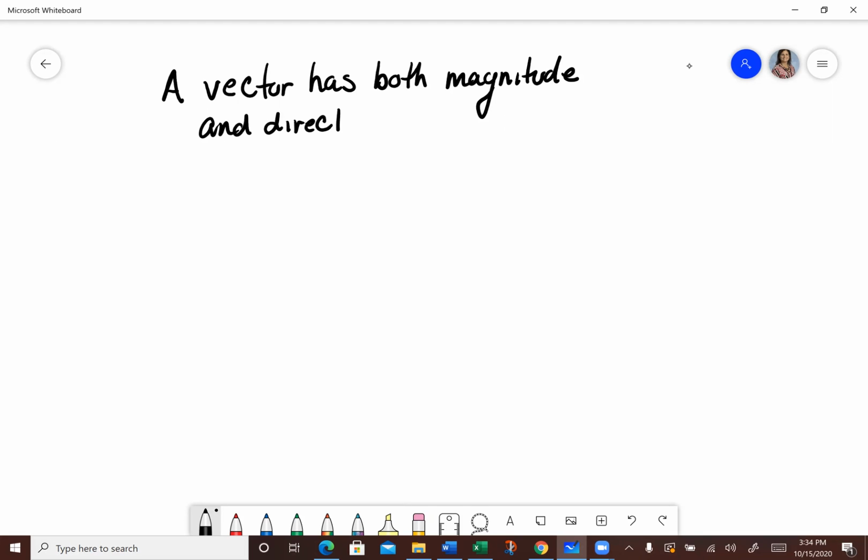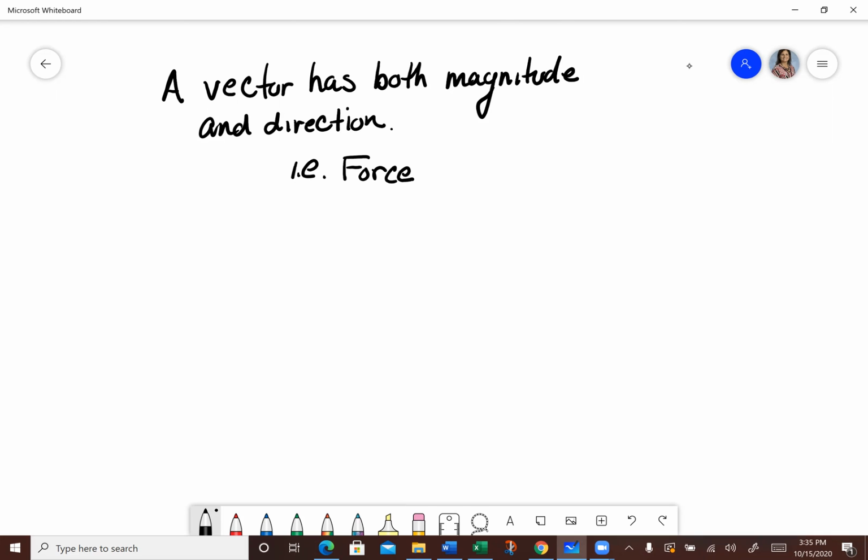And the reason we're taking a look at this is as we are doing problems with forces, it is important to know the direction of that force. So an example of a vector quantity is force. It has both magnitude and direction.